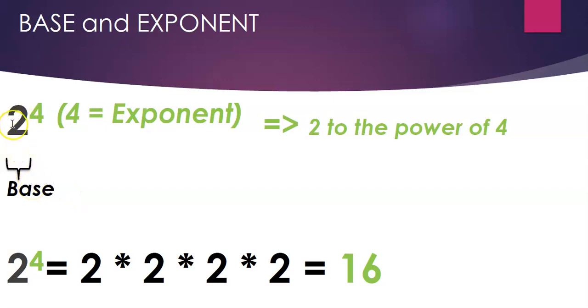So again, in the representation here, 2 raised to 4 is mentioned as 2 to the power of 4, which is nothing but 2 multiplied by 2 multiplied by 2 multiplied by 2, which is 2 multiplied by itself the number of times, which is nothing but the exponent.